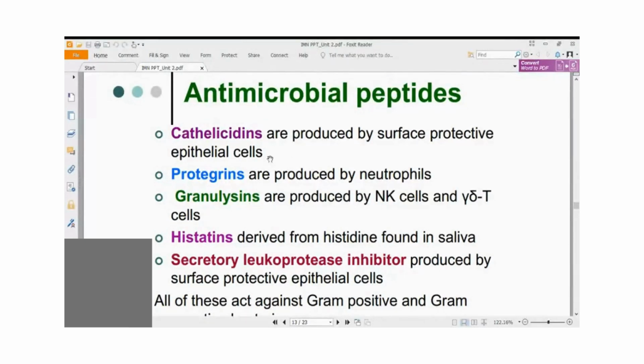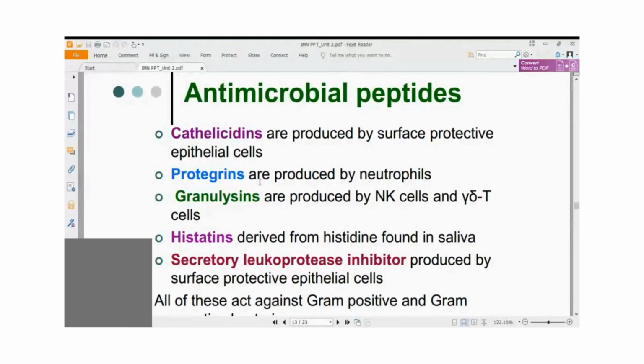Next, an antimicrobial peptide is protegrin. Protegrin is a peptide produced by the neutrophils once again, and it is capable of causing bacteriolysis. It has about 16 to 18 amino acid residues and a molecular weight of approximately 2000.